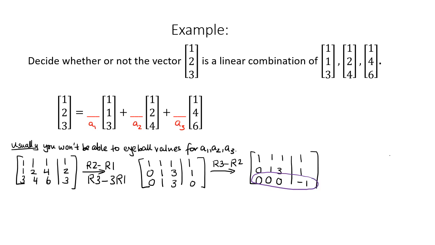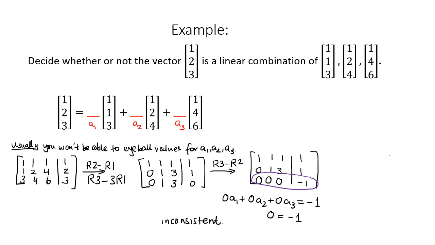that we can interpret as follows. 0 times a1 plus 0 times a2 plus 0 times a3 is equal to -1. So 0 equals -1. This is inconsistent. What does that mean?